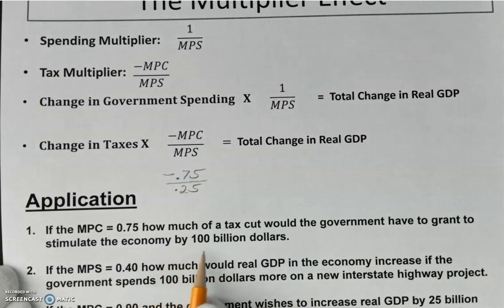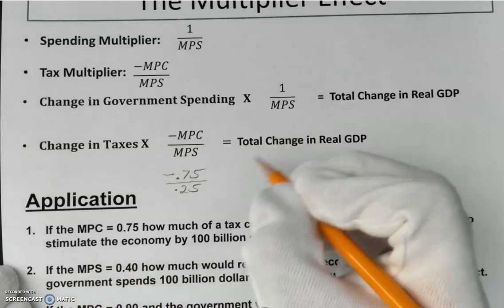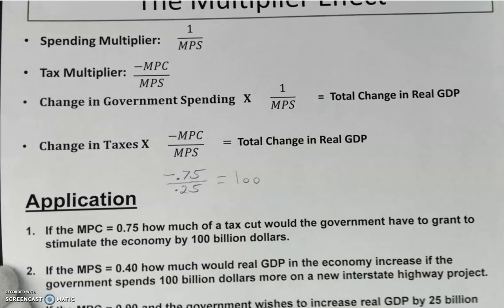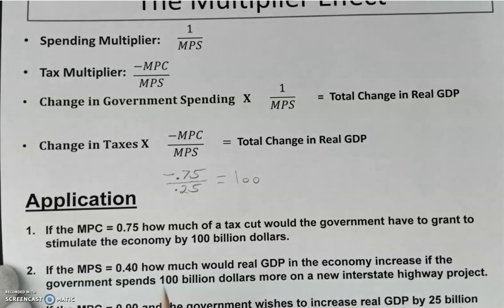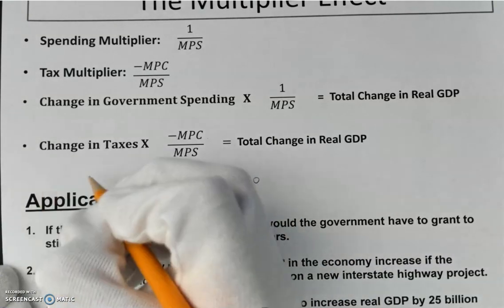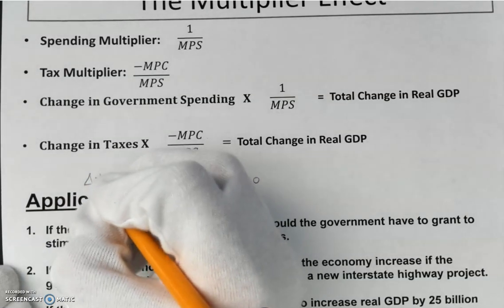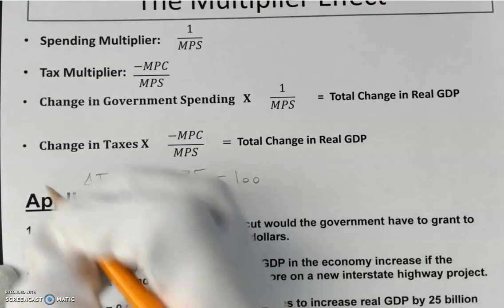But then we also need to plug in the $100 billion that the government wants to stimulate the economy by. That's over here. That's the total change in real GDP, 100 billion. Now, we're solving for the change in taxes. Okay, so I'm going to use delta for change in T. So this is our formula.